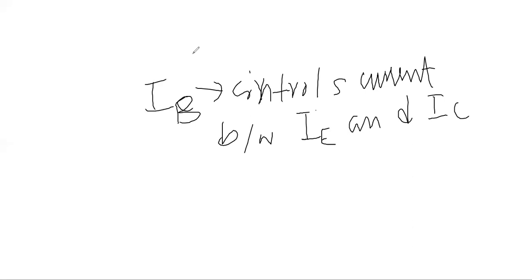Therefore, we call the transistor a current control device. You can control current with the help of the small current IB.